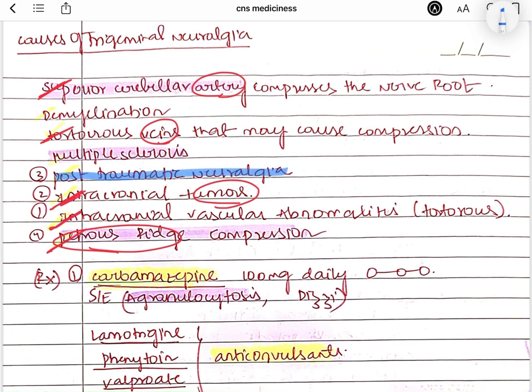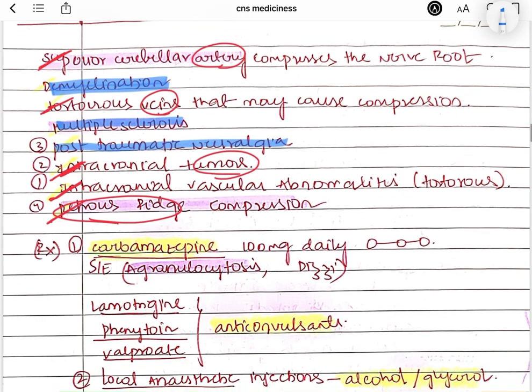Other causes are post-traumatic neuralgia, multiple sclerosis and demyelination. These are the things you have to remember. The other things are artery, vein, bone and tumors, which will compress this trigeminal nerve.